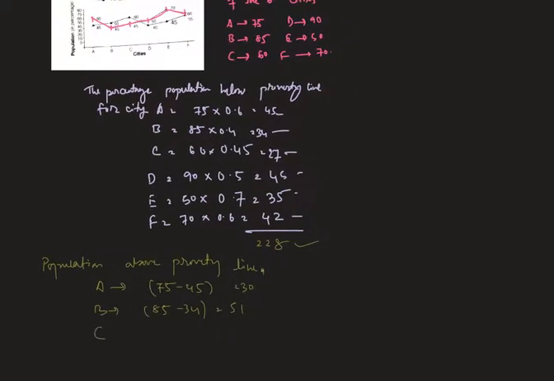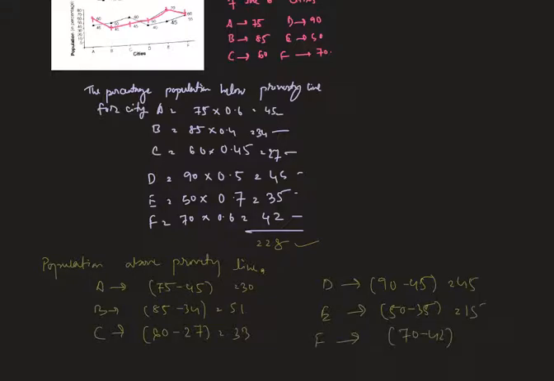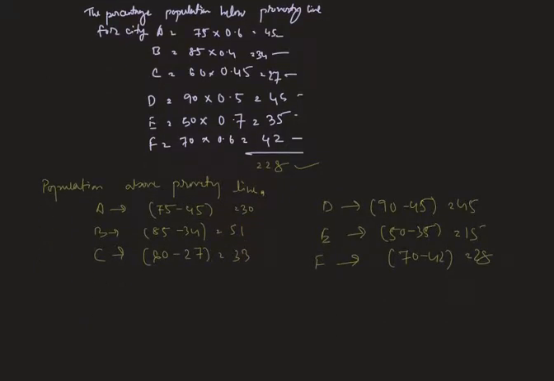For city C, it is 60 minus 27, which results in 33. For D, it is 90 minus 45, which also results in 45. For E, it is 50 minus 35, which results in 15. And lastly, for F, it is 70 minus 42, which results in 28. After adding all these numbers, we get 202 as the total population above poverty line.